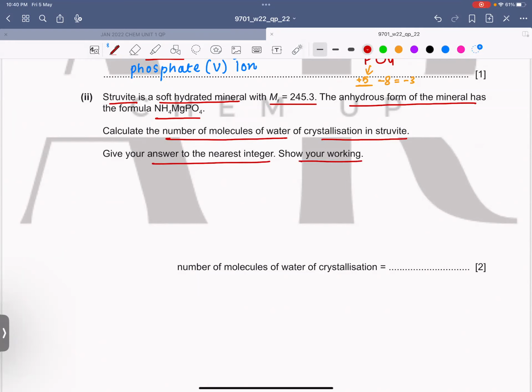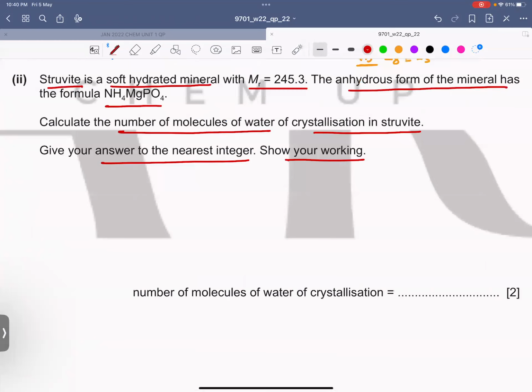So it would be very easy. That is the MR of the hydrated one, and they have given you the formula of the anhydrous. So from the formula of the anhydrous, I can find the MR of anhydrous ammonium magnesium phosphate.